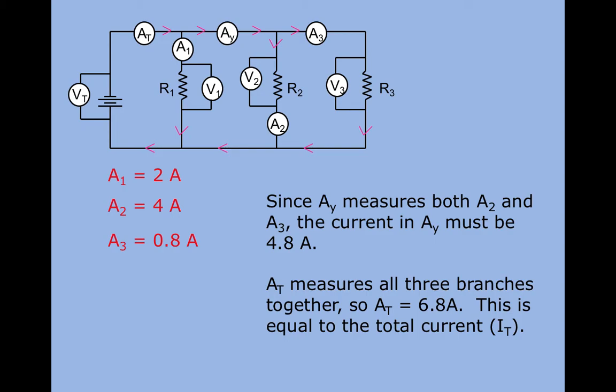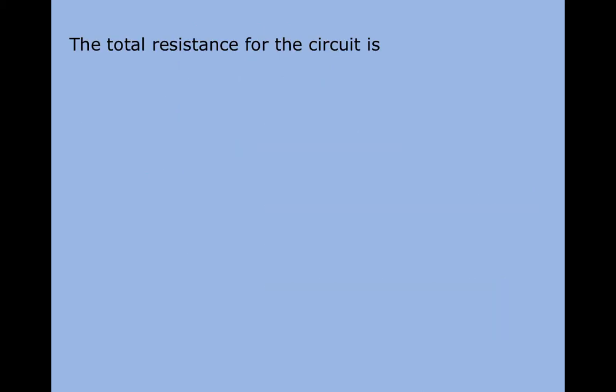Right, so just be careful when you're analyzing. These are kind of like puzzles, and you have to figure out how much current is in each place and where you should be adding or subtracting things. So again, the total current would be the total current through branch 1 plus branch 2 plus branch 3. And that gives us 6.8 amps.